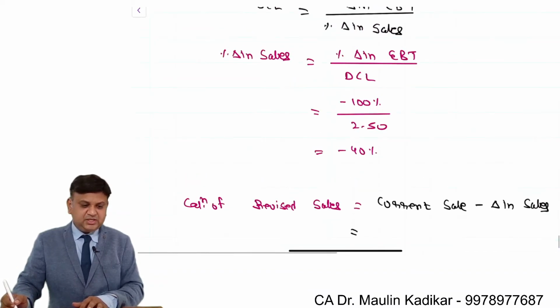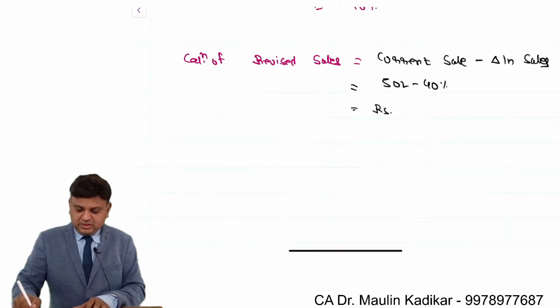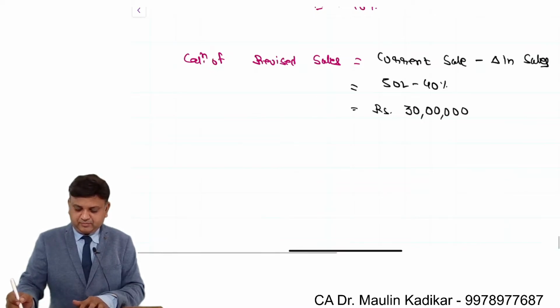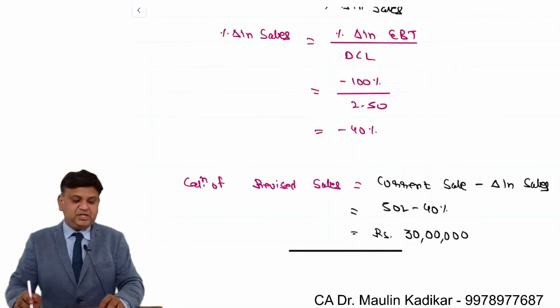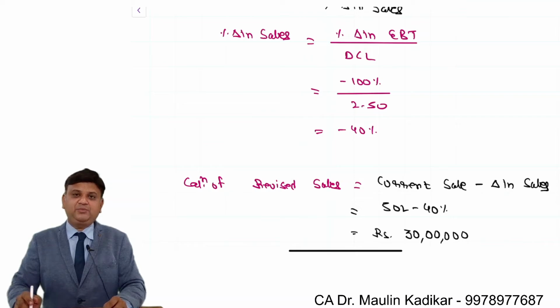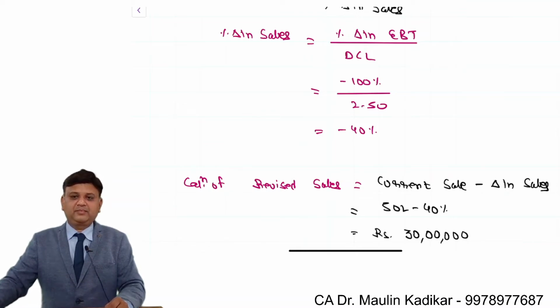Dear students, the current sales is given to us in the question, 50 lakhs, minus 40%, and that comes to an amount of 30 lakhs. This is the way we understand that the current sales will be 30 lakhs, at that point of time EBT will be 0. Please write down the answer.